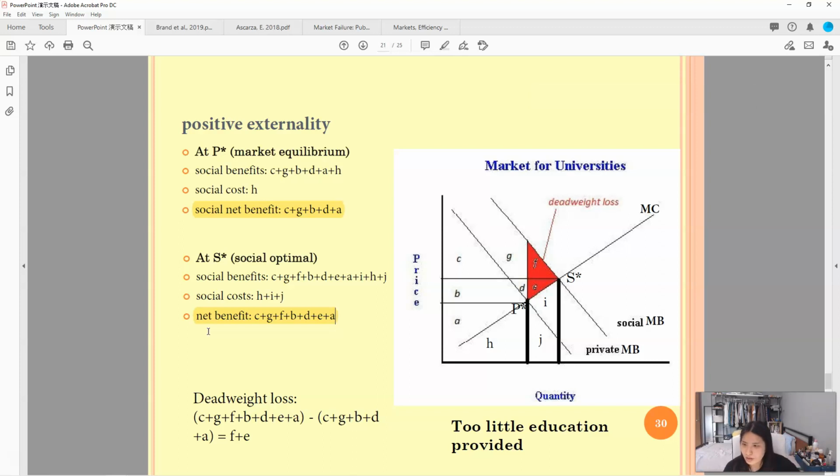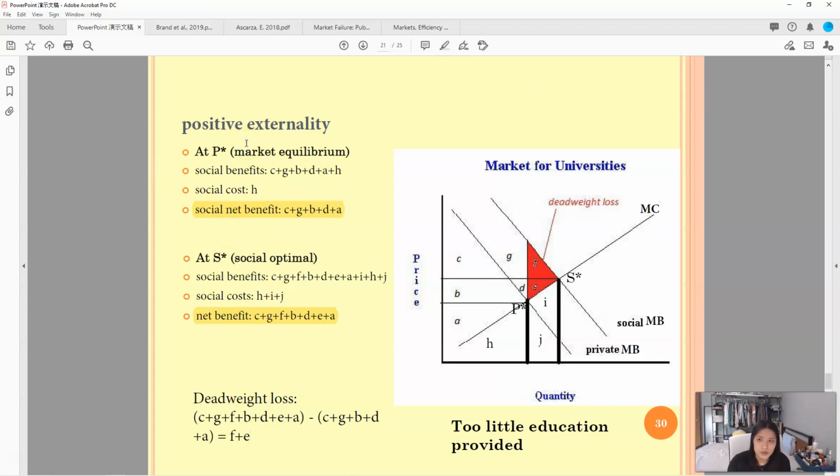The difference would be those two areas, F plus E, the red area. And we call this difference the deadweight loss from being at market efficiency.